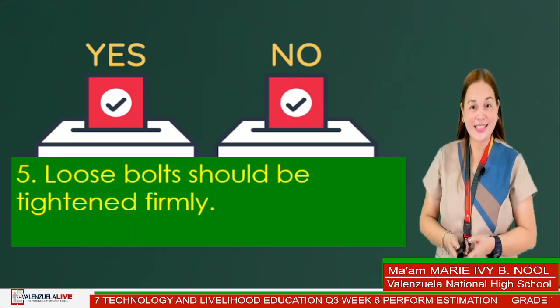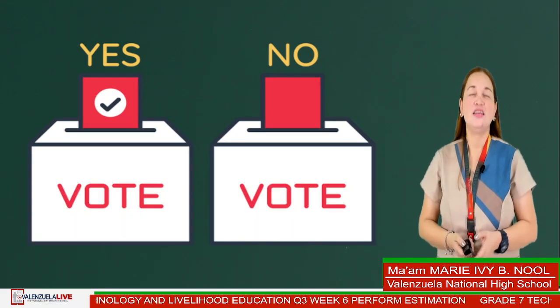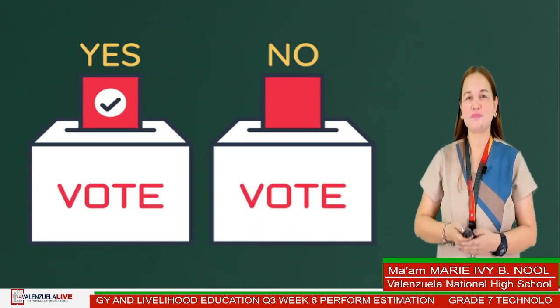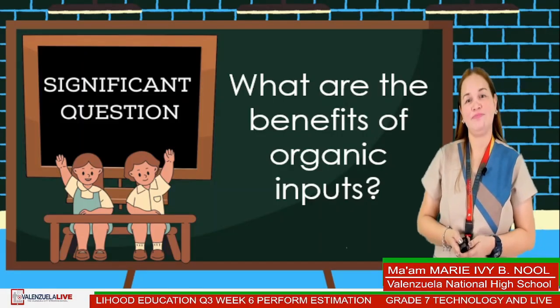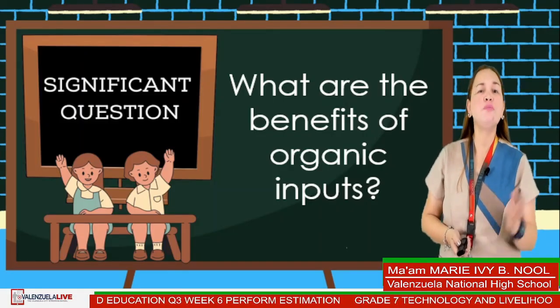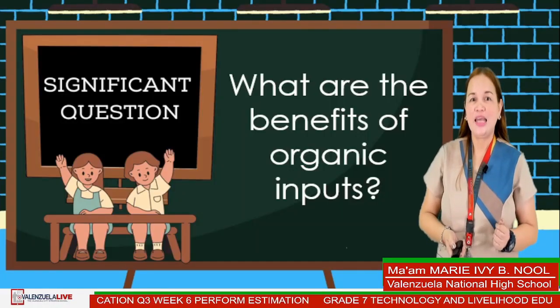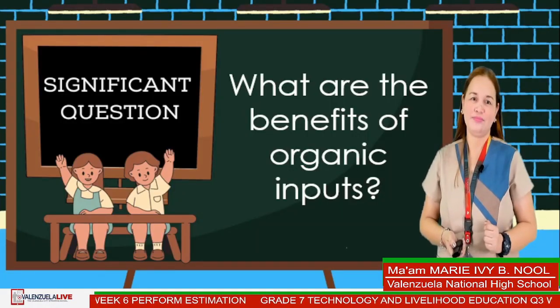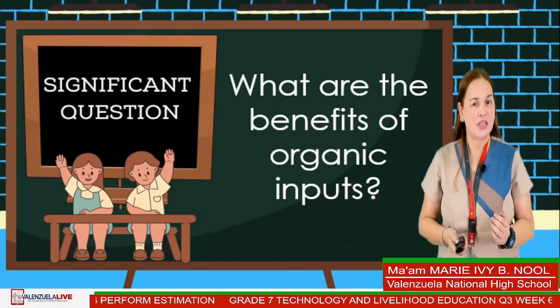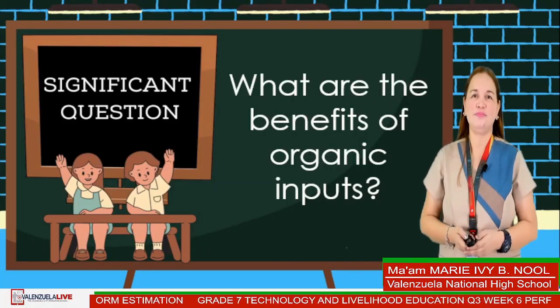The answer is yes. Thumbs up for you. Our topic for today is perform estimation. Before we proceed with our discussion, let's first have a significant question to be answered later. What are the benefits of organic inputs?